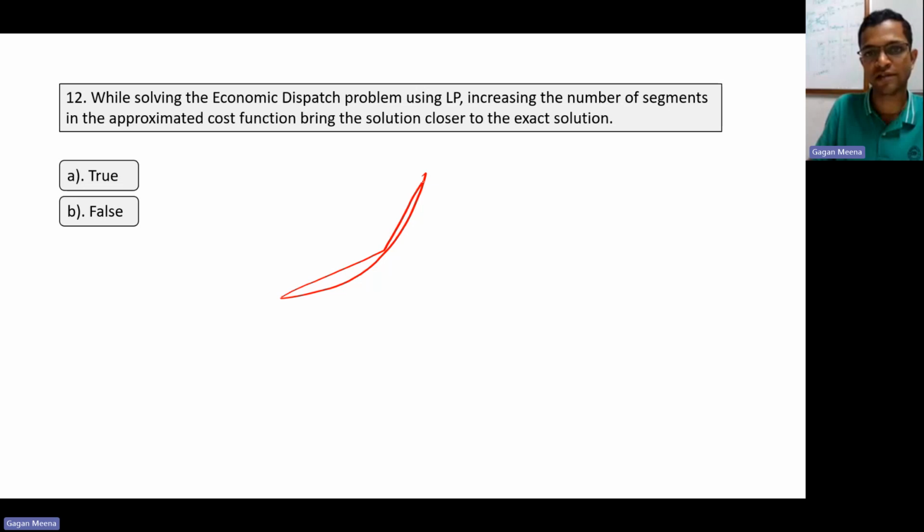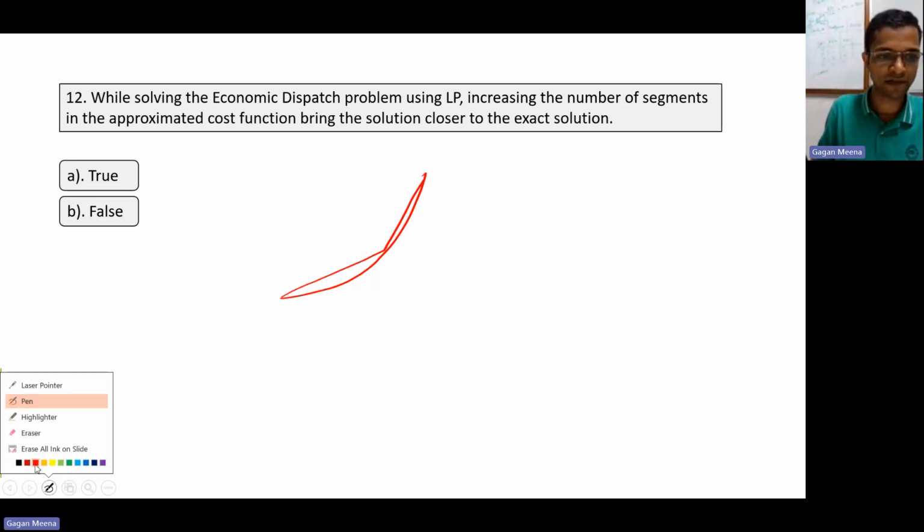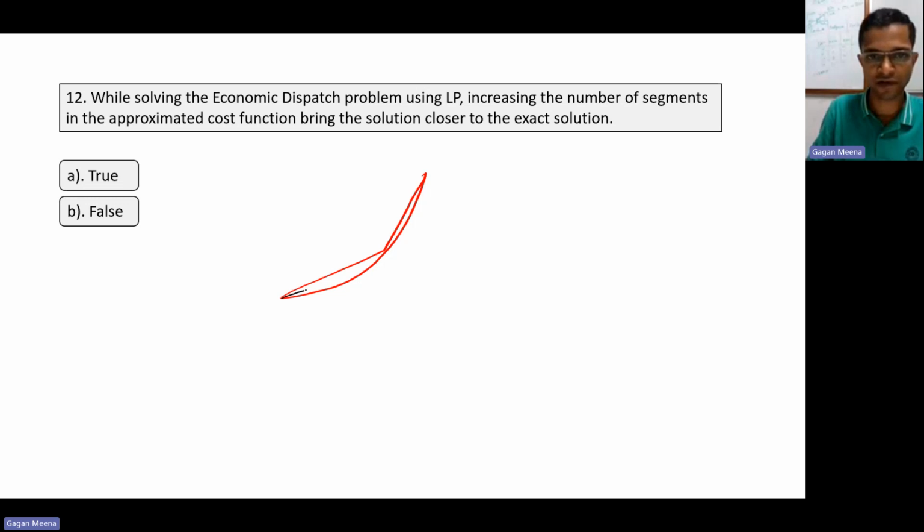Like if we are doing this, these are 2. Here we have only 2 segments. If I find out 3, then it can be something like this. Now, if I am on this point, and we consider the 3 segments and 2 segments, then the solution for the 2 segments is closer to the exact one. But if we solve it using 3 segments, then there is a difference.